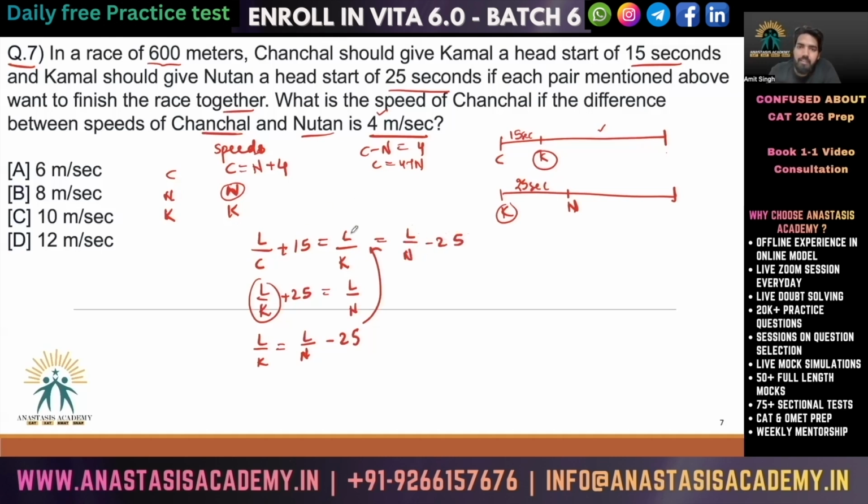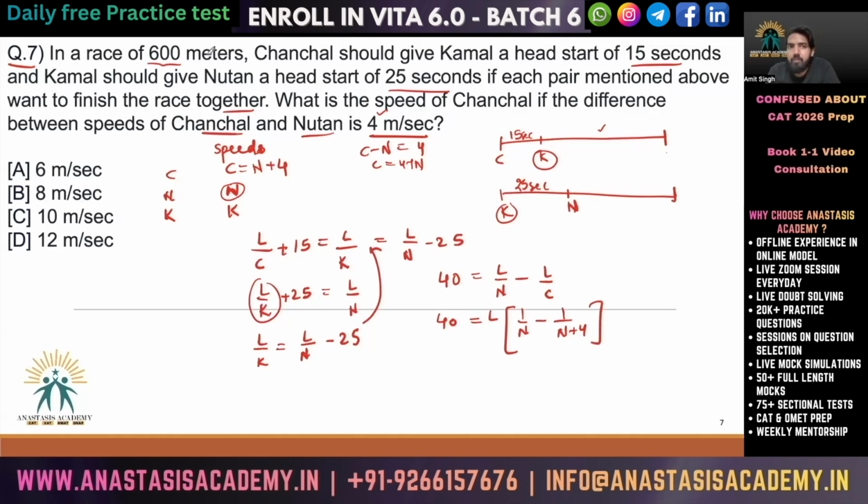So I can take this 25 to the other side. I'm left with 40 is equal to the time taken by Nutan minus the time taken by Chanchal. Now the speed of Chanchal I know is N plus 4. So it would be 40 equals L times (1 upon N minus 1 upon N plus 4), taking L common.